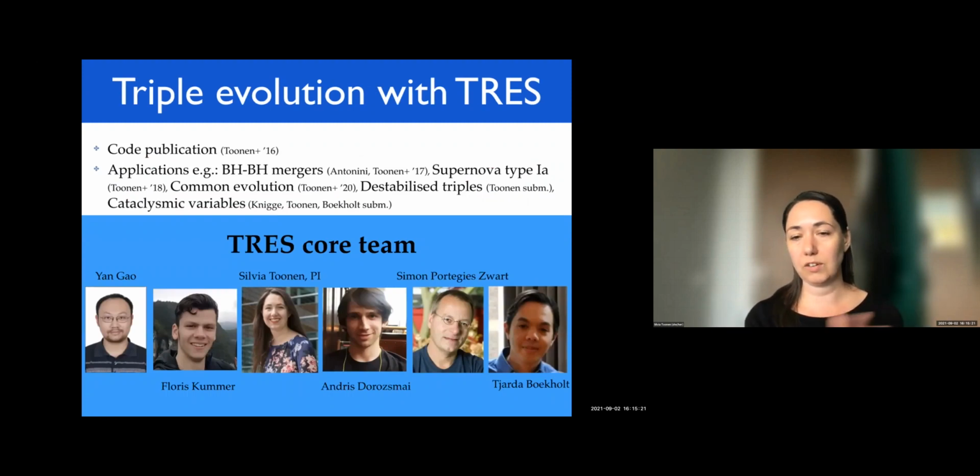And of course, I want to give credit to the full team of TRES that we're doing these simulations with. So TRES is a stellar evolution code, population synthesis code that does triples. So we're taking into account all of those processes that you used to for binaries, but also doing the three-body dynamics on top of that.